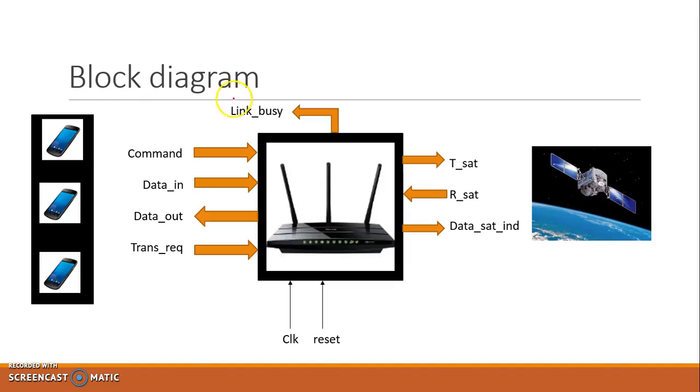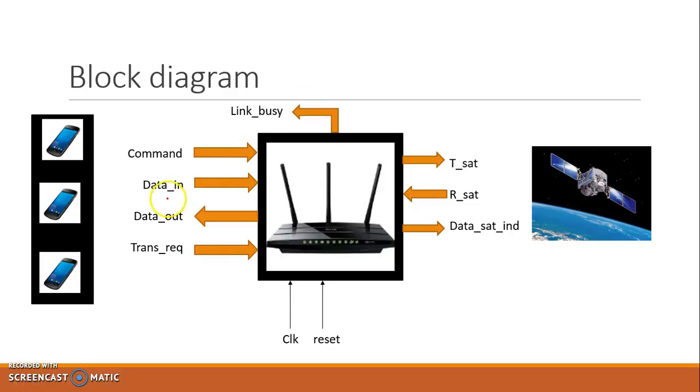This is the basic block diagram of our project. The clock and the reset are the basic signals. The device sends a command through this pin and the data is sent through the data in pin to the smart hub. Whenever a device requests data, the data is given out from the hub to the device from the data out pin. The transaction request is the pin used when the device sends a transaction request to the smart hub for sending or receiving data.